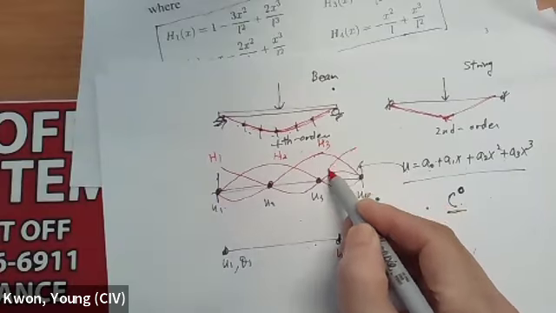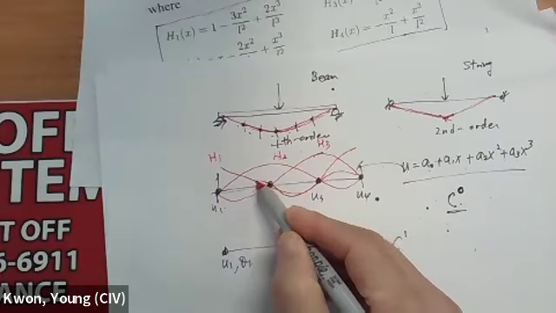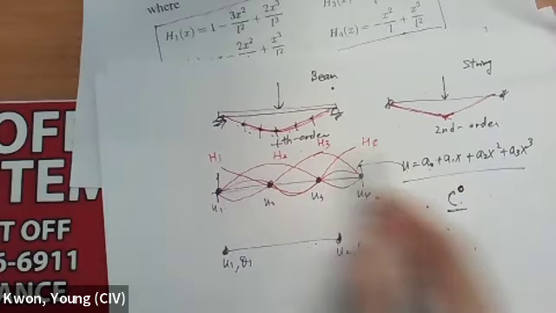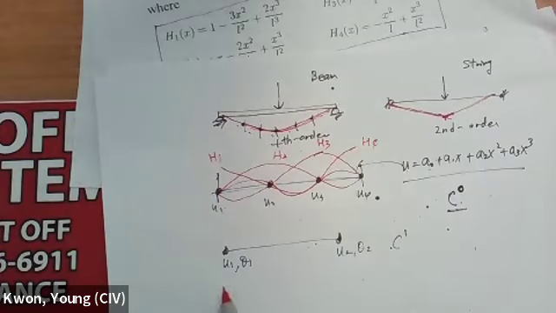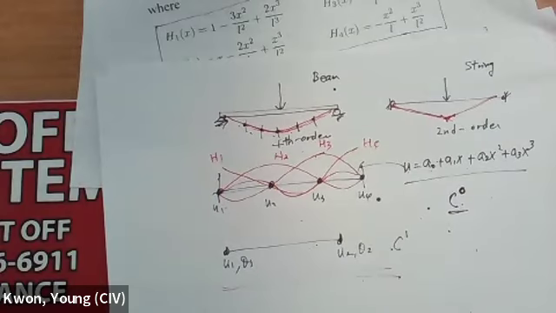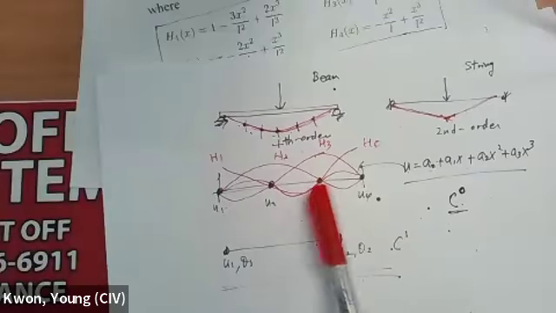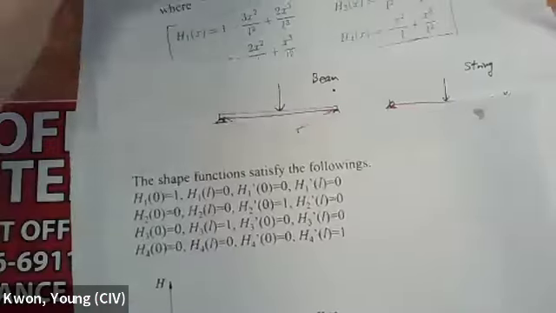And H4 is going to be like this. No shape function like that, huh? But for this one, the shape function looks totally different from this kind of characteristic, which is shown in this slide.